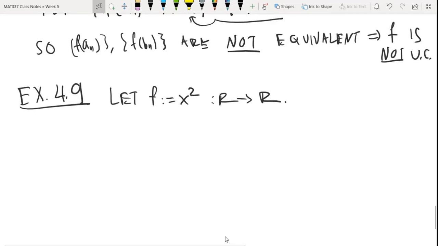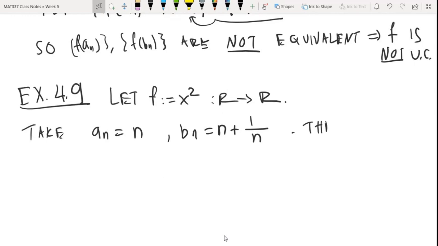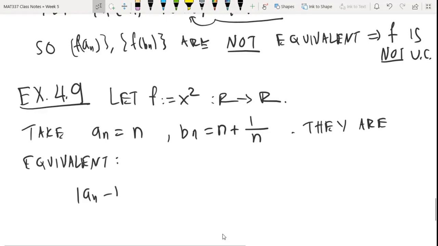So again, take an to be n and bn to be n plus 1 over n. These are equivalent. So an minus bn is equal to 1 over n, which goes to 0.